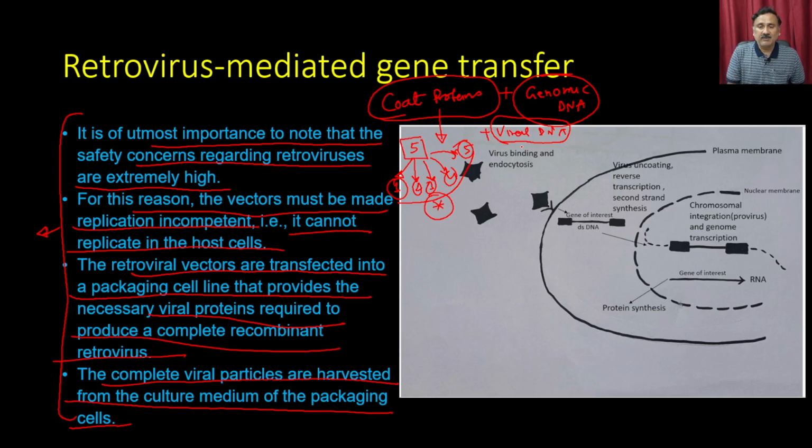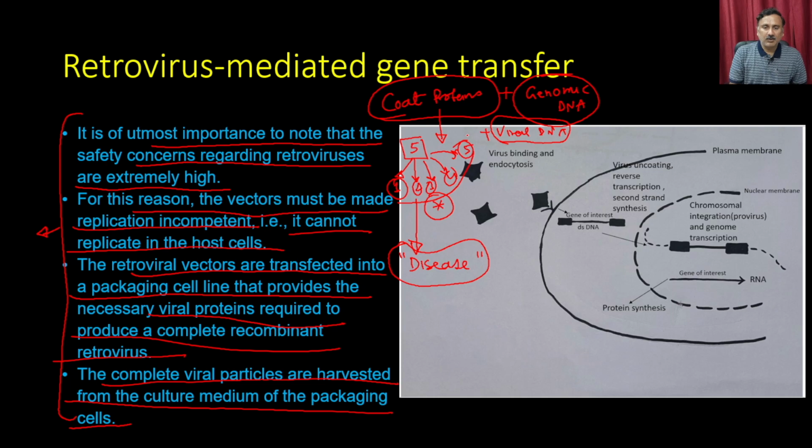Because if there were self replication, they may cause disease, since you are going to treat animal cells with this virus. A person who does not even have the disease may develop it if the virus is self replicating. To avoid that, you put the coat protein genes onto different plasmids, separate from the viral DNA which contains the transgene.